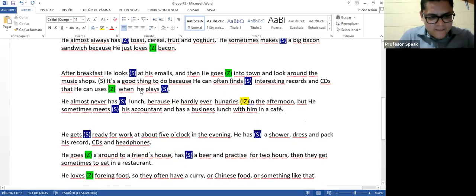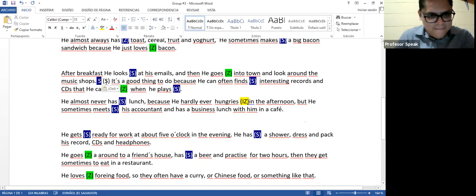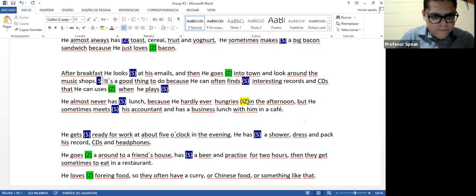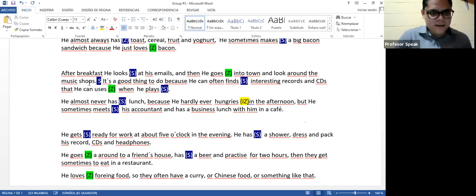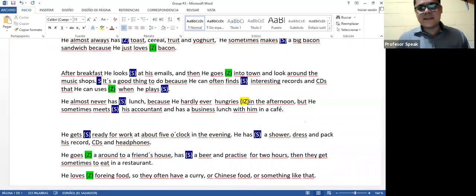For example, this one, right? Okay, there you go. Okay, all right. So shop is a noun, right? And the pronunciation for the letter S is the voiceless sound.